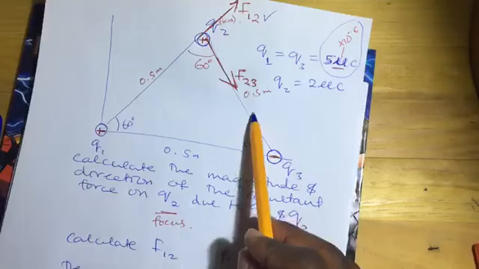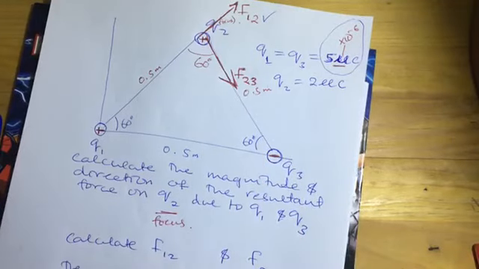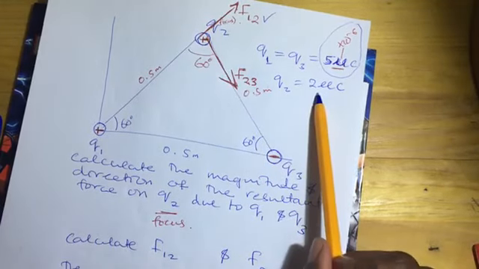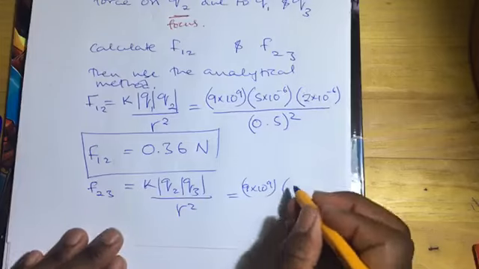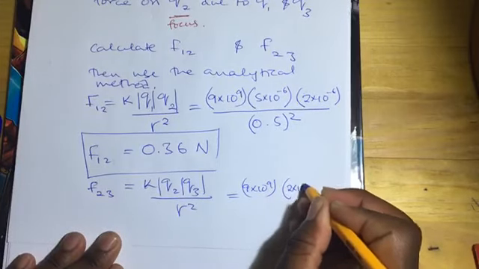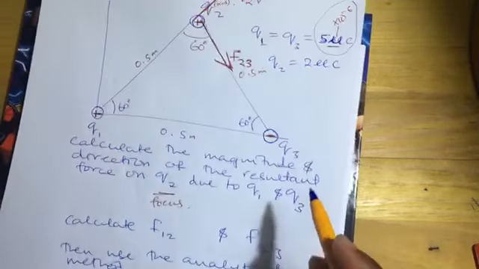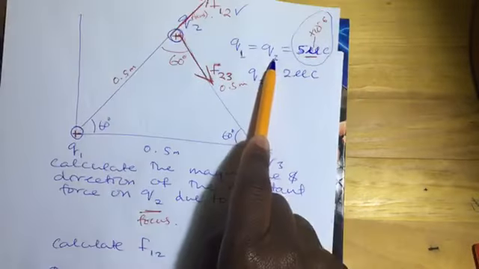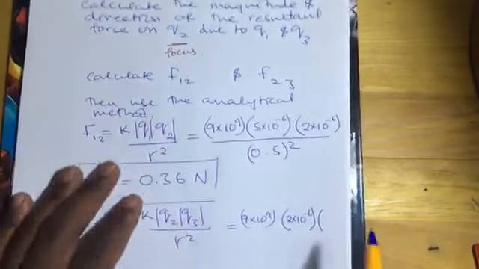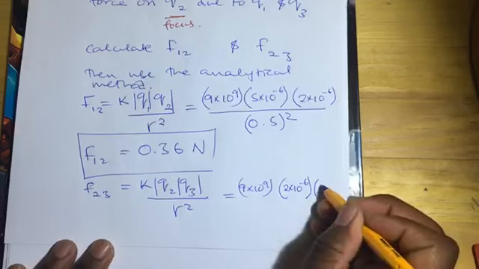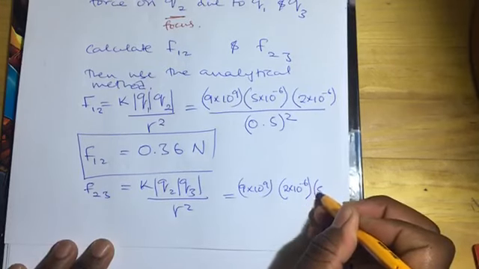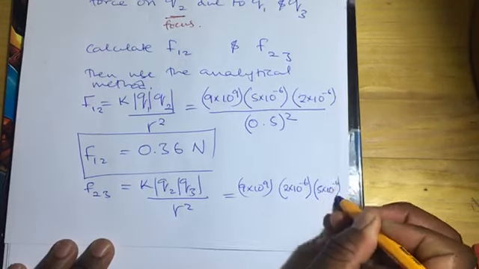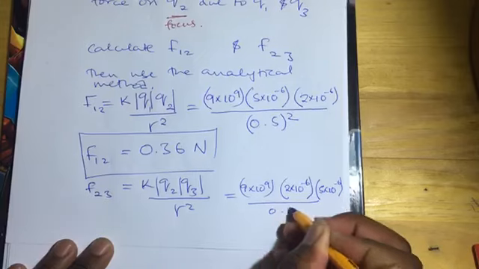Okay, so we want 2 and 3. 2 is 2 microcoulombs, so this is going to be 2 times 10 to the power negative 6. And then 3 is 5 microcoulombs, so times 5 times 10 to the power negative 6 divided by 0.5 squared.